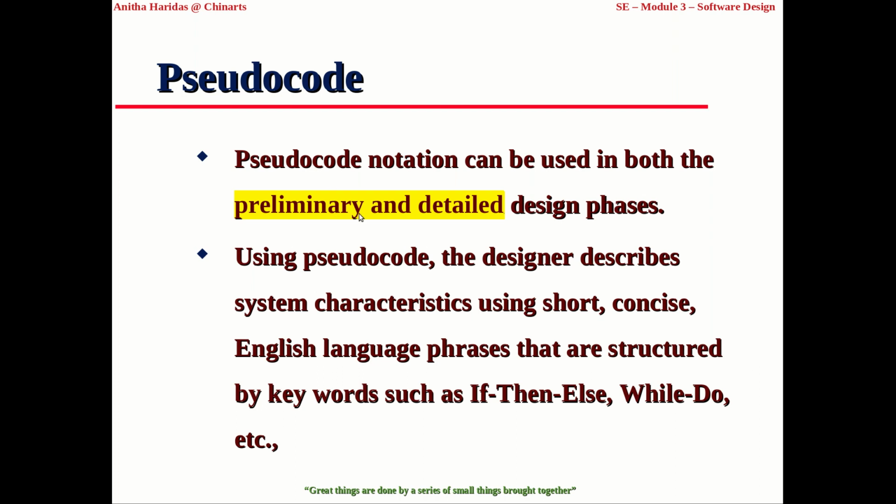Using the pseudocode, the designer describes the system characteristics, and all these system characteristics will be described using short and concise notation, which will be generally in English language phrases, which will be structured by keywords such as if, then, else, while, do, etc. So the best example that I can give here for the pseudocode is what you write for your algorithms.